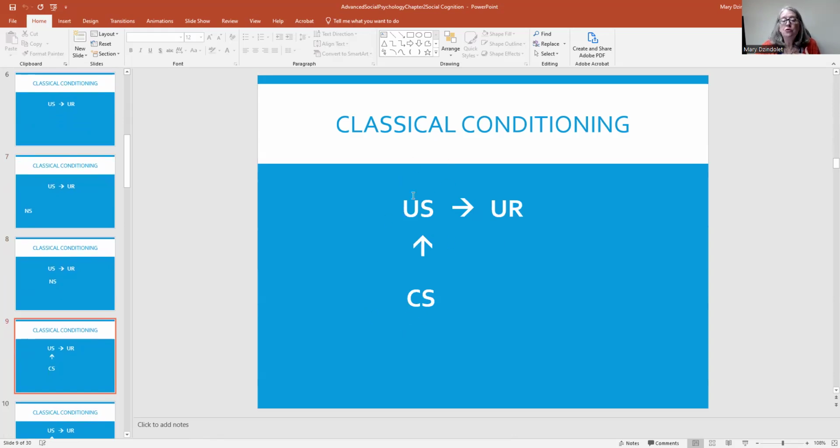By pairing a neutral stimulus with an unconditioned stimulus over and over again, it will lead to classical conditioning. So the bell followed by the food, salivating, bell, food, salivate, bell, food, salivate. Eventually, hearing the bell, the animal will start to salivate. Does that kind of make sense?